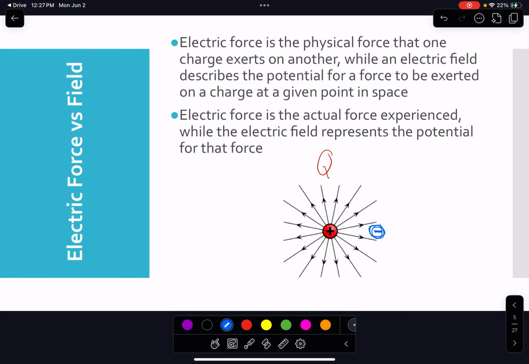And then I like to use a lowercase q for the test charge. That's what's being affected by the field. That's like the satellites around the Earth or the moon or things like that. That is what is being affected by the field. It's typically smaller than the source. The source is typically the bigger of the charges.